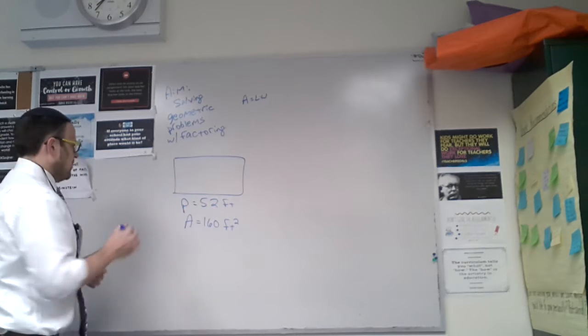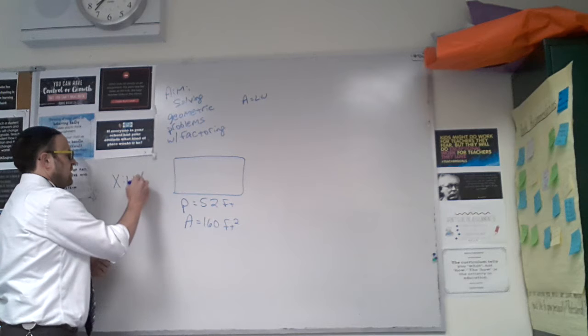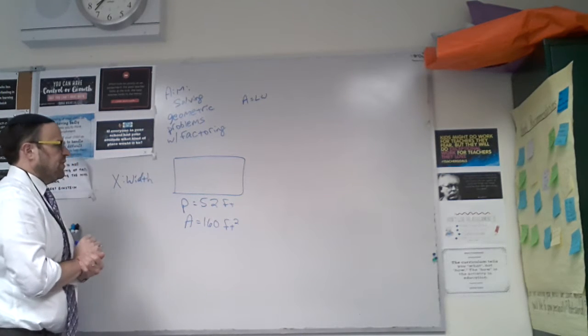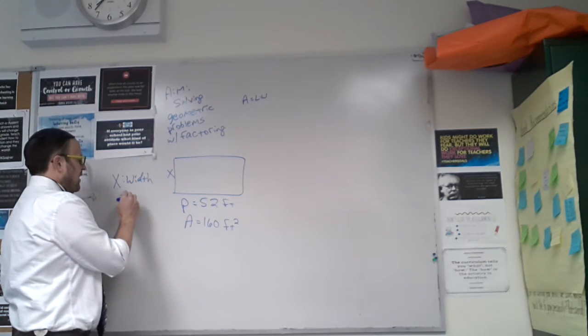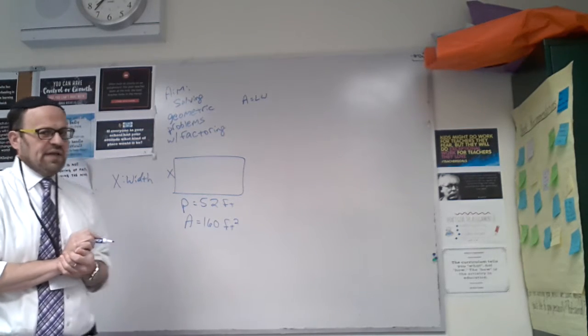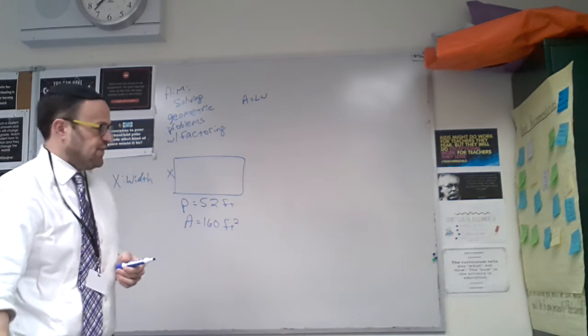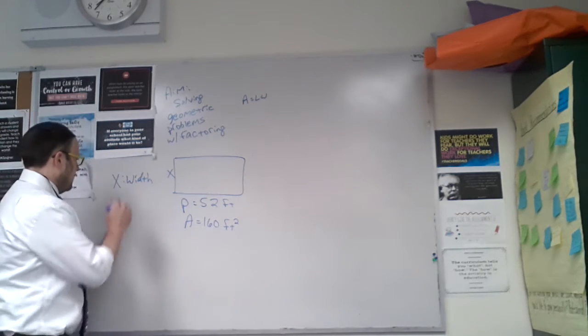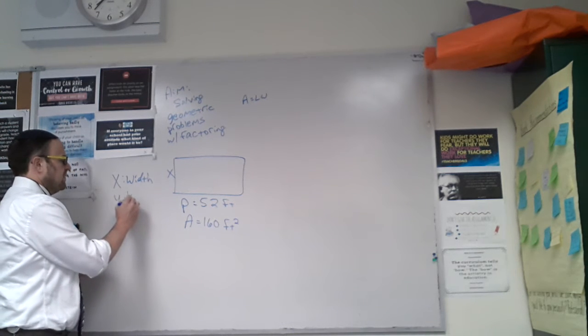Okay, so let's start out. X. What is X? Let's call X the width. And what about Y? What about the length? Some of you might be thinking to use two variables, and that's fine. Let's do that first this way. I'm going to do this in the blue with two variables.